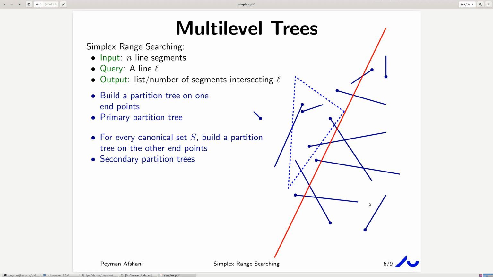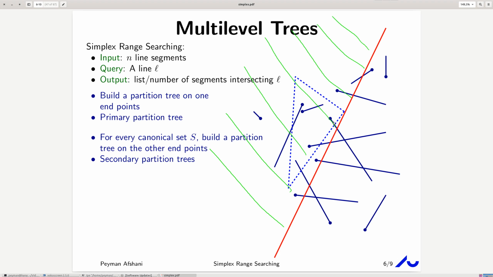So now what happens is the following. You look at this half plane. You look at a canonical set that is fully contained in the half plane, one used to describe the disjoint union of this half of the plane. Let's say this triangle is one of them. Now I have a data structure associated with the other endpoints. And now we make a very nice geometric observation.